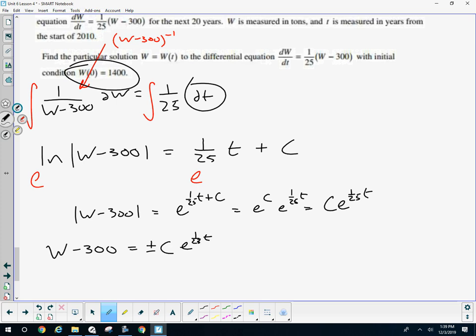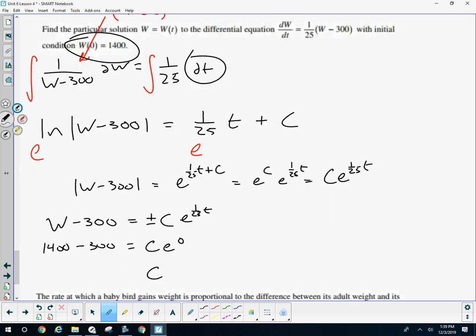W of 0 is equal to 1,400. We will get c is 1100. We will add 300 to solve.